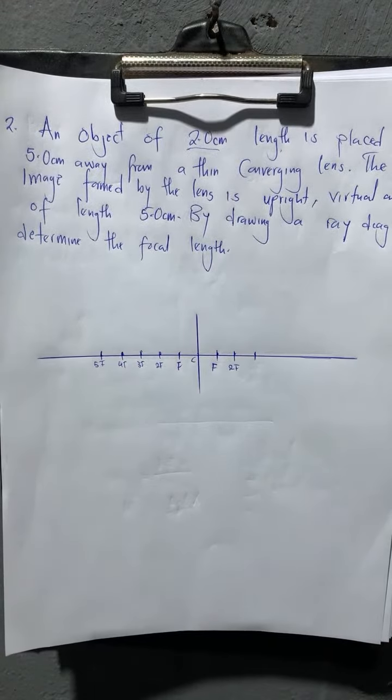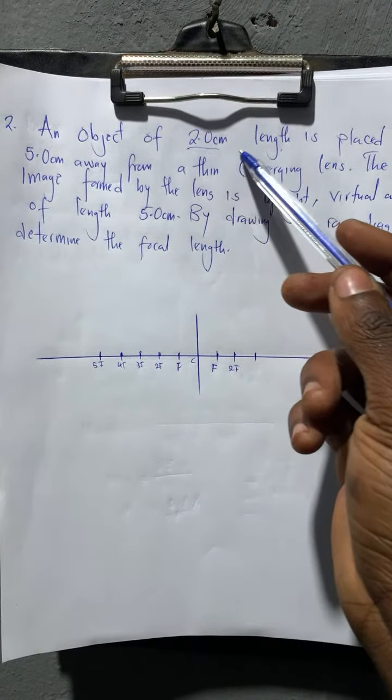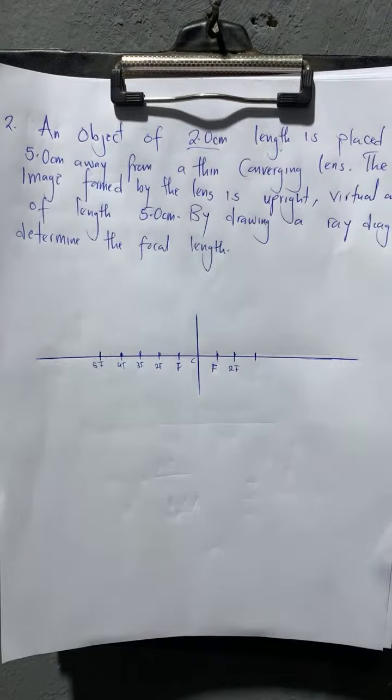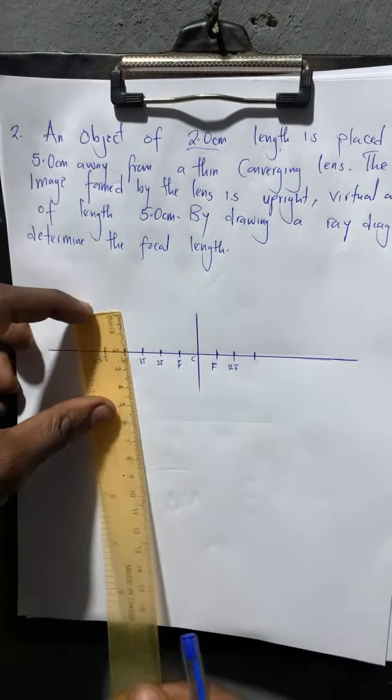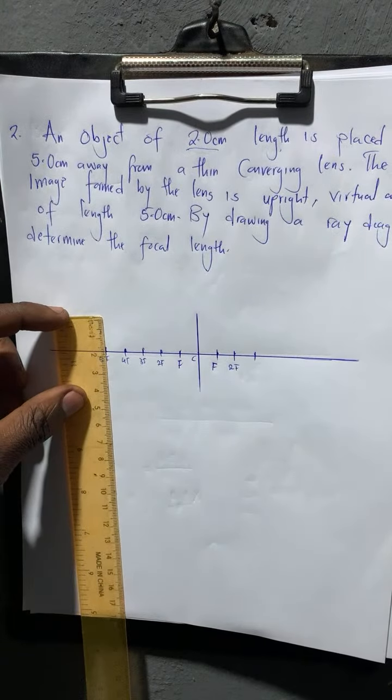All right. So they are saying that an object of 2 centimeters length is placed 5 centimeters away. So it must be 2 centimeters high.